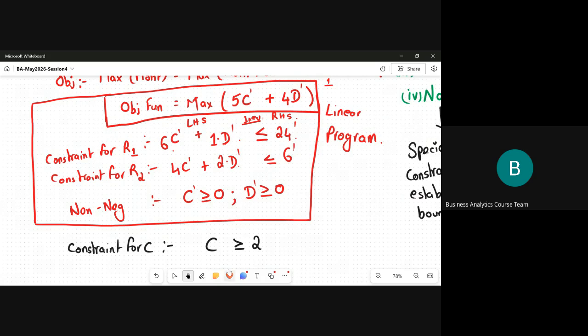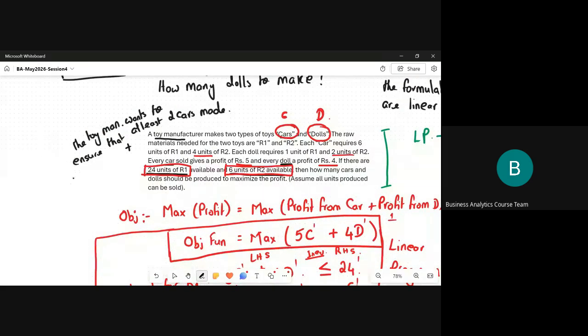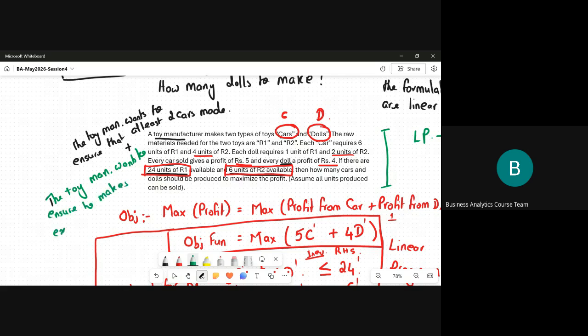In the same problem, I can say, let's say instead of this, he says this: the toy manufacturer wants to ensure he makes exactly one doll.